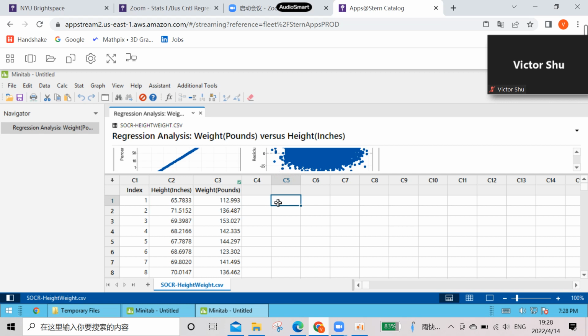Let's pretend the index is the number of years after graduation. And here I just made up some numbers which represent my annual income. So that's the annual income after I graduate.